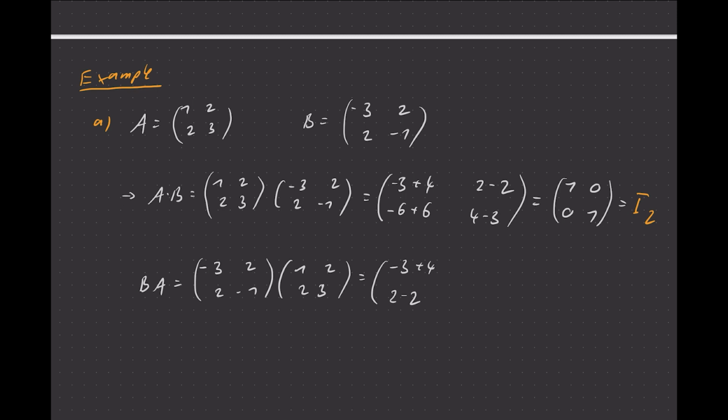Then we get first row, second column, minus 6 plus 6. And finally, second row, second column, that is 4 minus 3. So again, we get the identity matrix I_2.